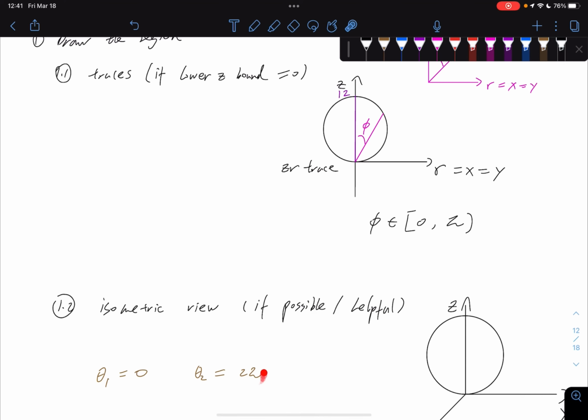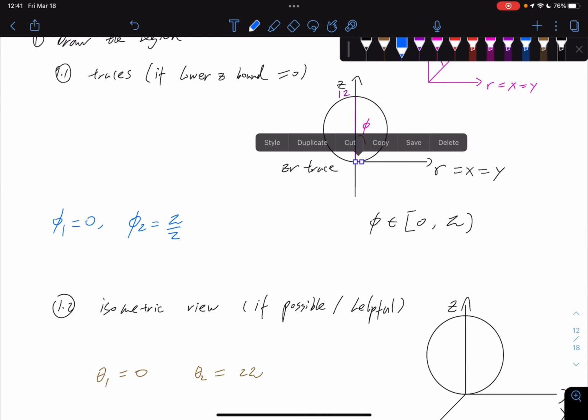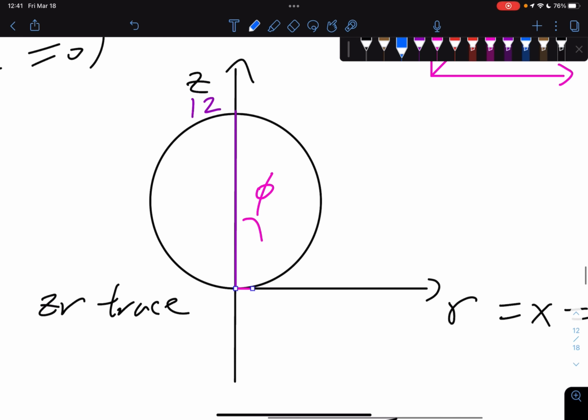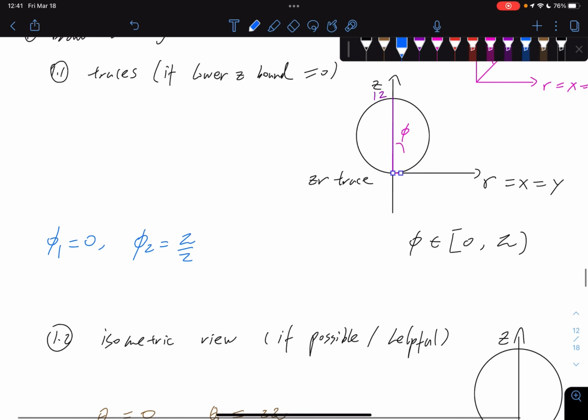So the range of phi should be phi 1 equals 0, and then phi 2 equals pi over 2, as we discussed, right? Almost to the extreme, that pi over 2 is our upper bound.